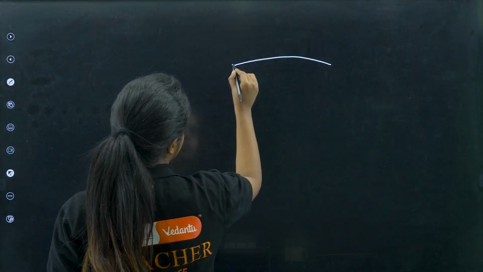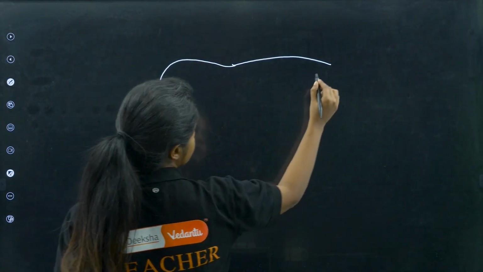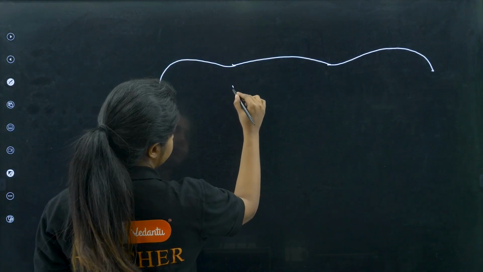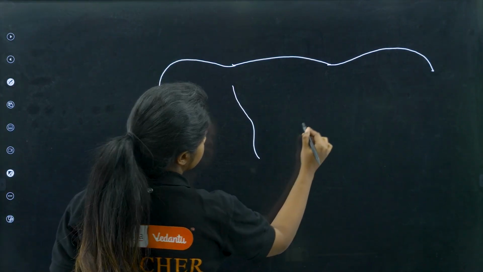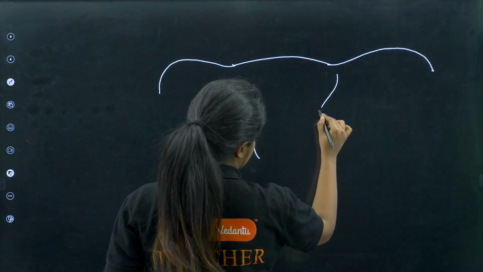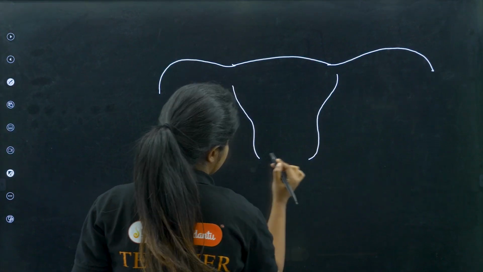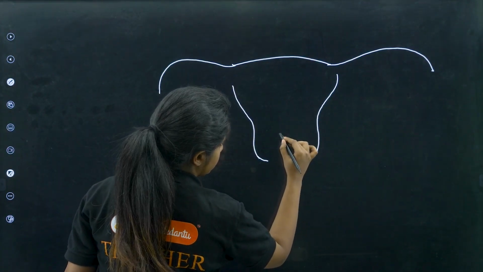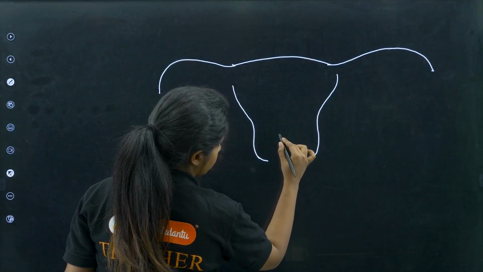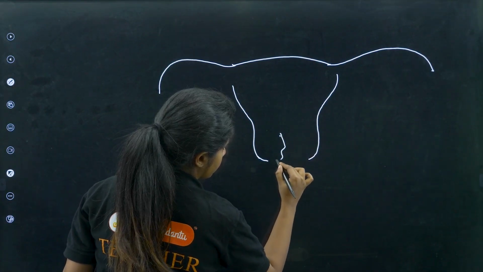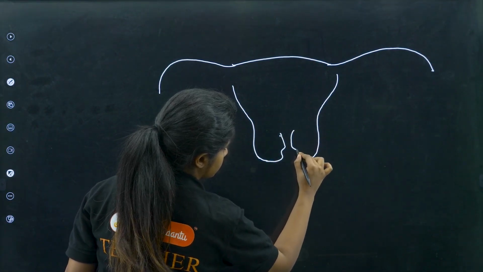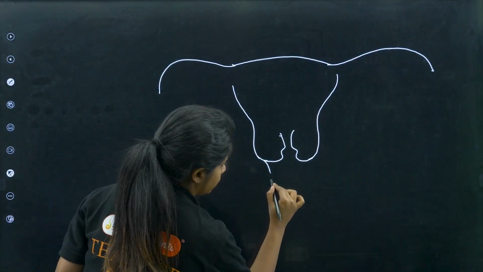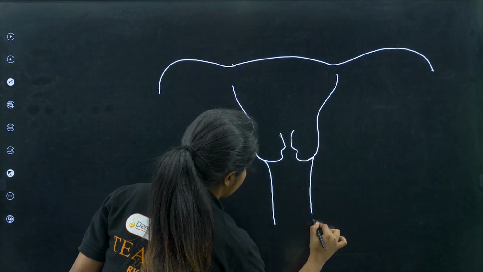You have a dome shaped structure like this, make a similar shaped structure here also, and then you can give a covering like this, and here you can draw.